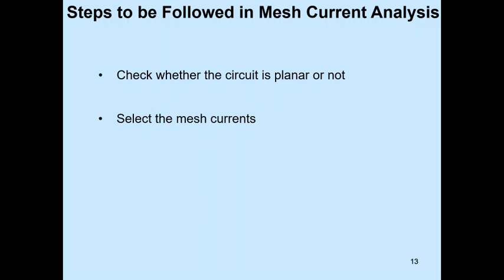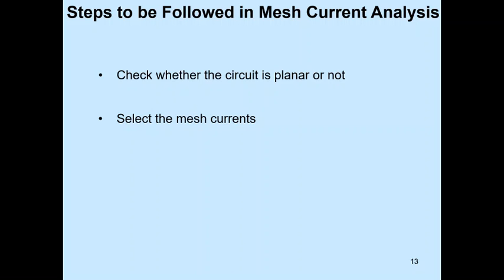The first two steps to be followed in mesh current analysis: check whether the circuit is planar or not. Second, select the mesh currents. This is very important for analyzing any circuit using mesh current analysis.